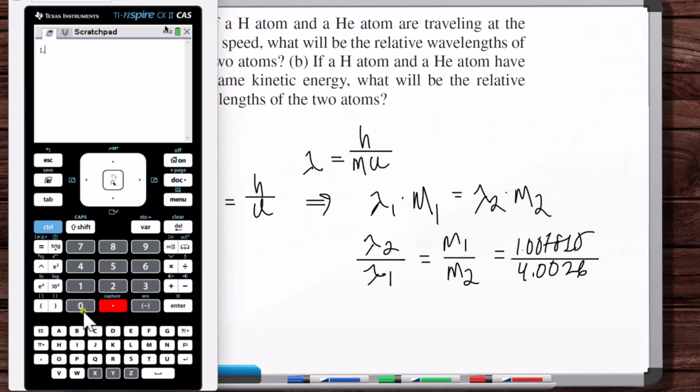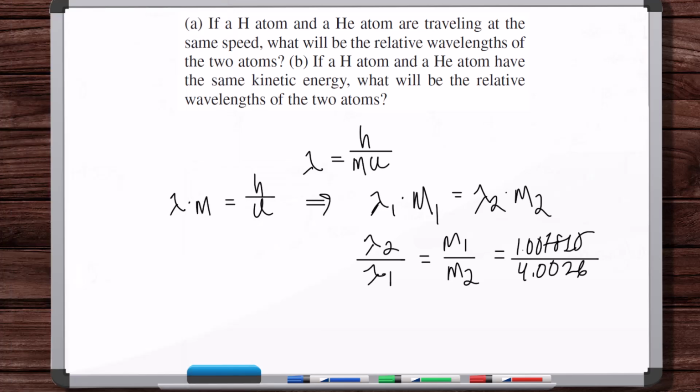So 1.007825 divided by 4.0026 is about 0.25. So 4 then. The wavelength of the hydrogen atom is about 4 times larger than that of the helium atom.